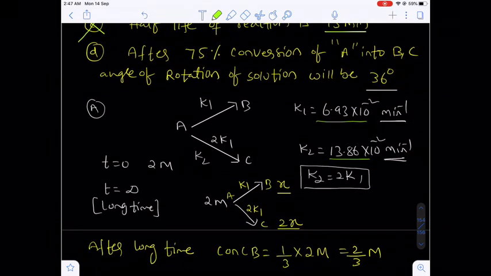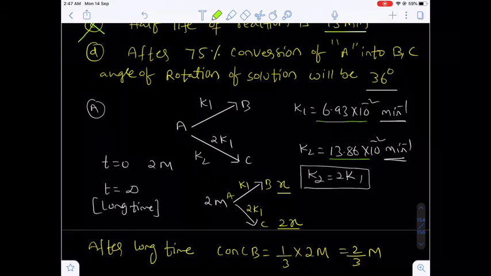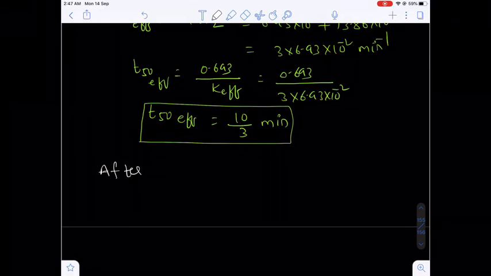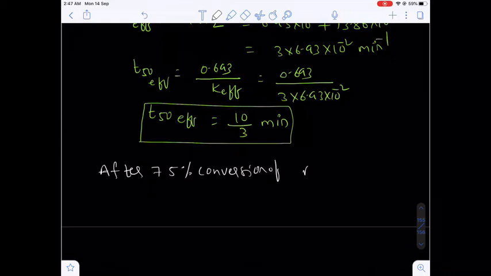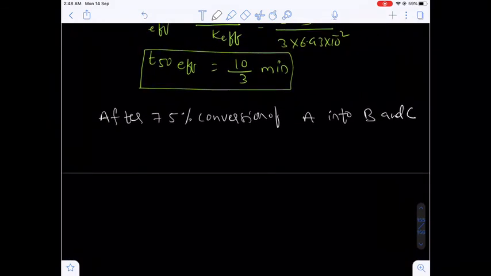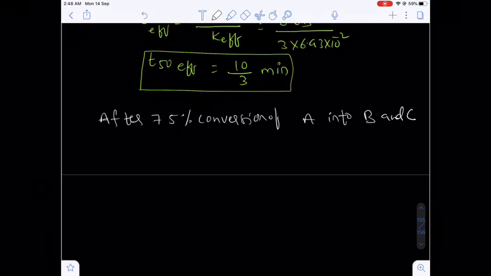Come to option D. After 75% conversion of A into B and C, the angle of rotation will be 36 degrees. Let us see. Now what is the concentration of A?